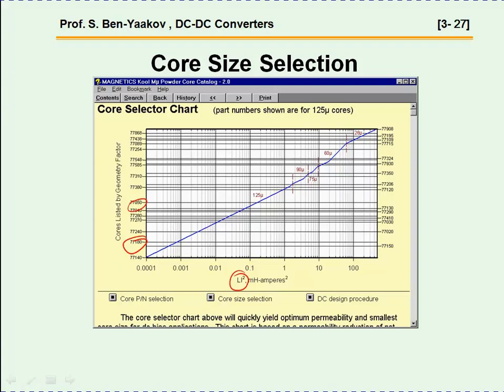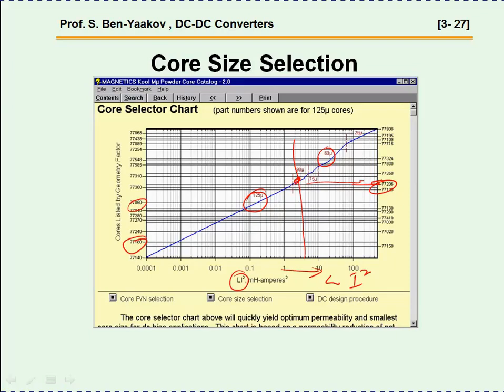So once you know Li squared, this is the inductance that you need and the current squared that you expect. It should be the peak current. You hit the point here, and what you see is that as you go up with energy, mu is going down, and you can just choose the core. You choose the family of the core, but you have to use the proper mu. Each core is coming with different permeabilities. You've seen it before.